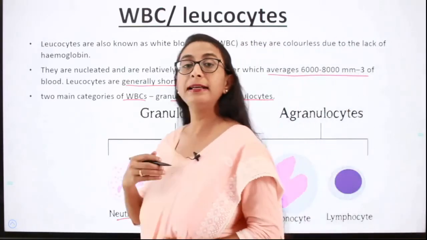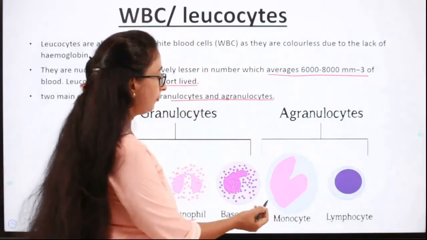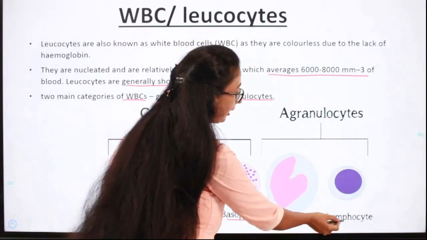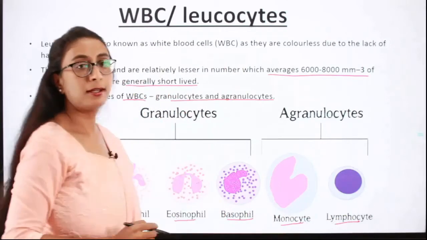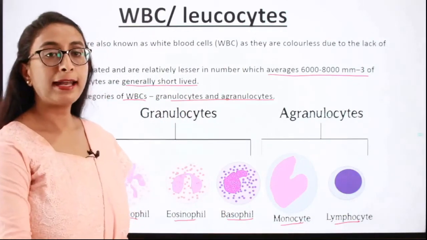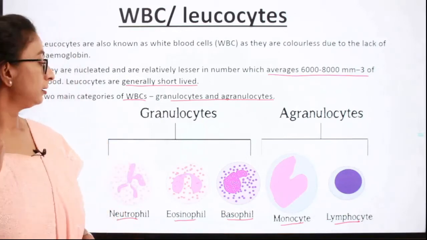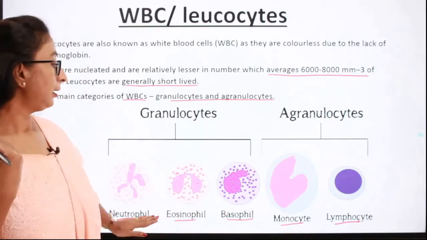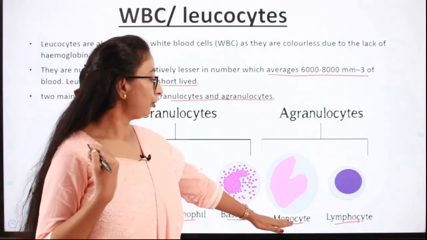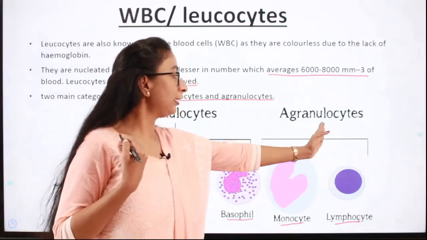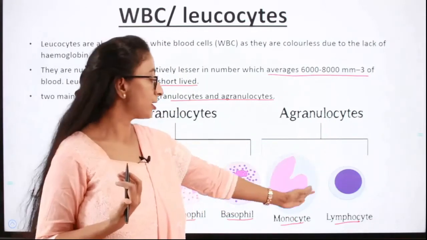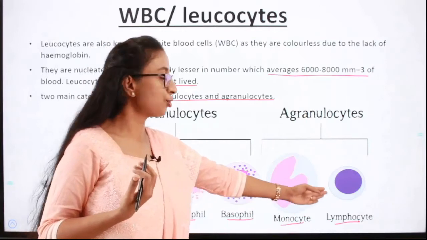Okay, and under the agranulocytes we have the monocyte and we have the lymphocyte. Agranulocytes means they do not have granules. So under agranulocytes we have monocyte and lymphocyte.